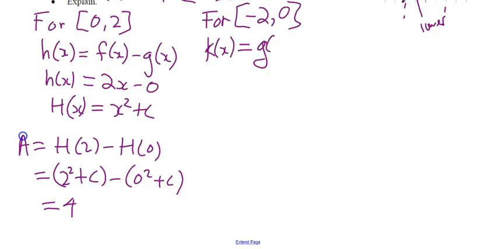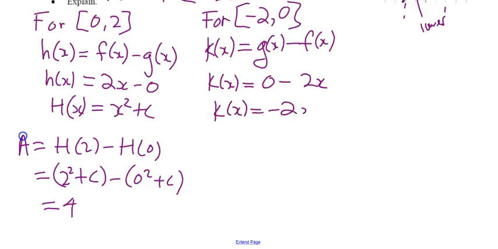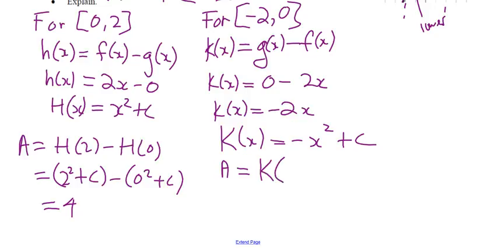K of x will be g of x, that's the upper function, minus f of x. Right? So this time the x-axis is on top, right? It's above the function 2x. So k of x will be 0 minus 2x. So k of x is negative 2x. Capital K of x will be negative x squared plus c. And then our area is equal to K of 0 minus K of negative 2.